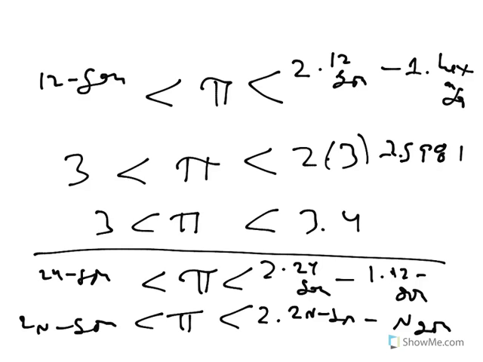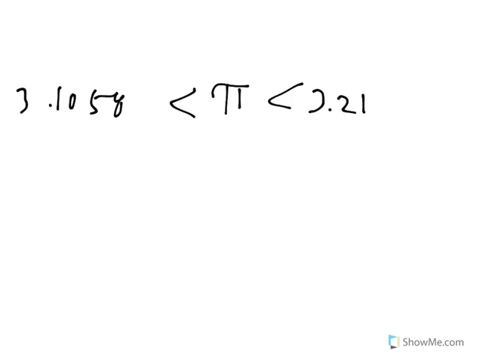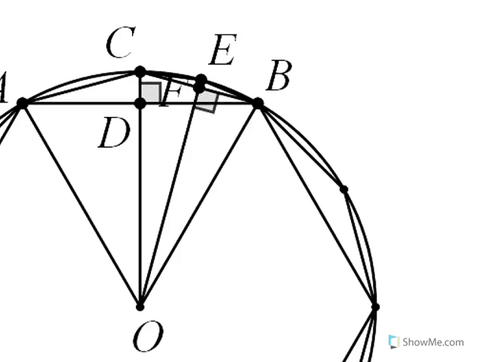So with this method, you can get really good approximations for pi, and as a challenge, you should try to get the next level, which is 3.1058 and 3.2116. That would require this diagram.